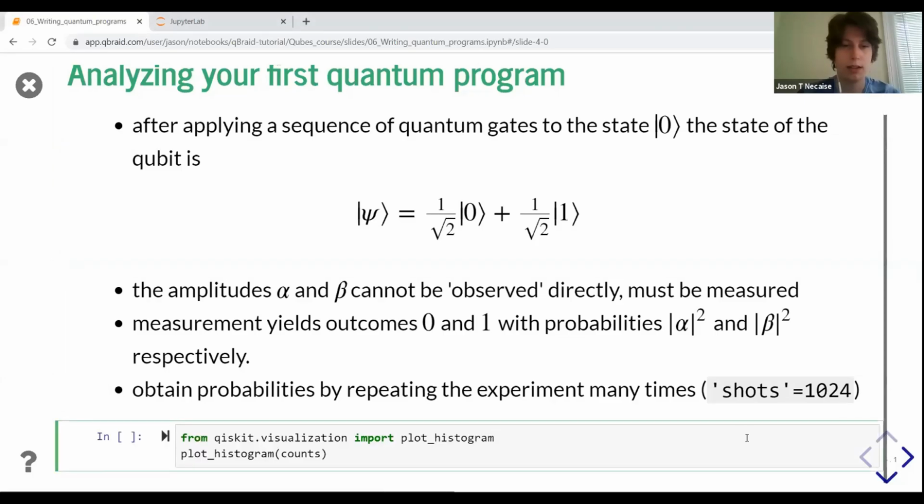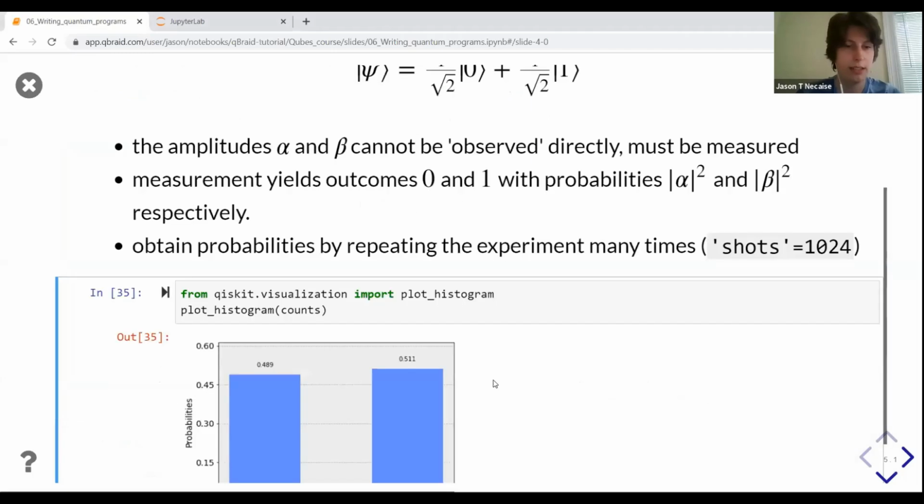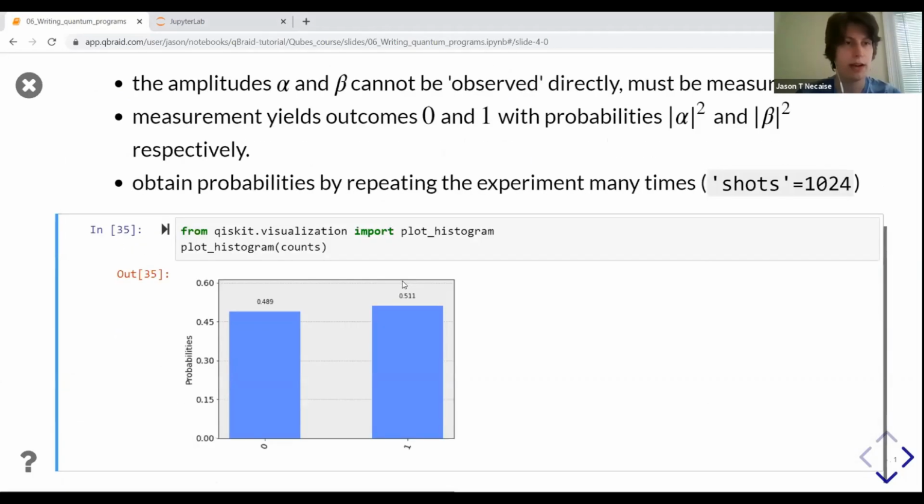So we can plot our histogram. Before that, this just converts those counts out of 1024 into percentages. Roughly half the time I got 0 and half the time I got 1. But you have to use some statistical thinking, because these are inherently random processes.